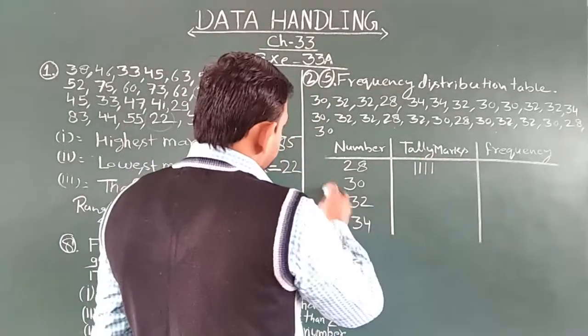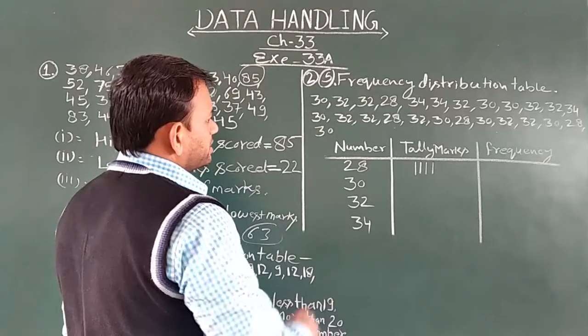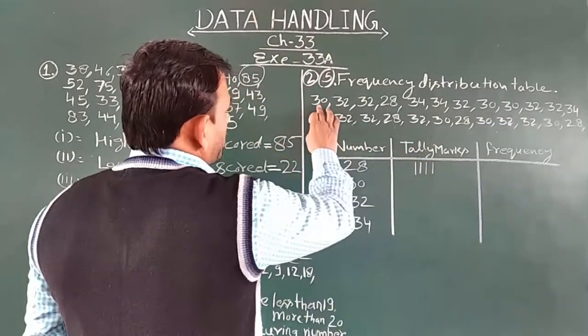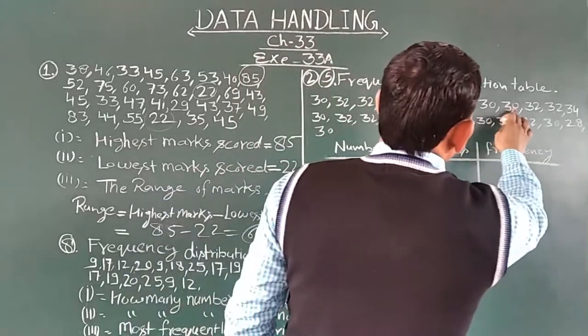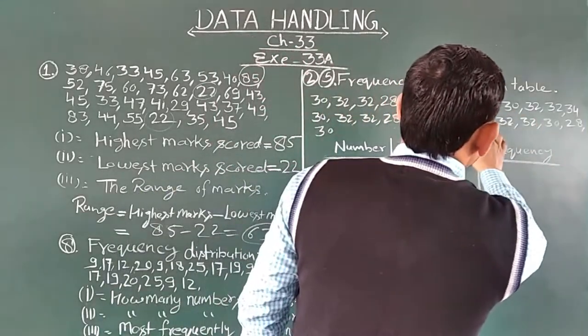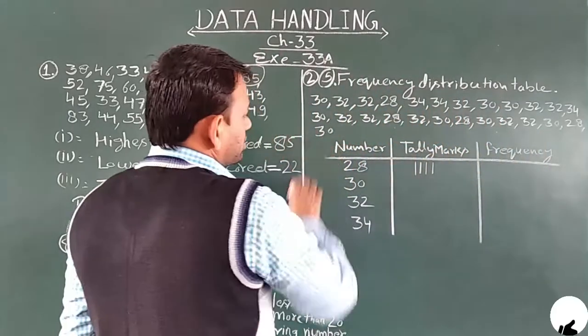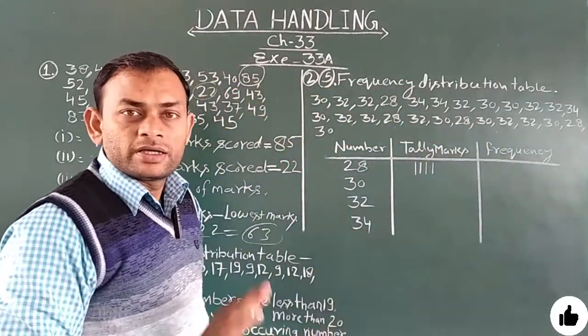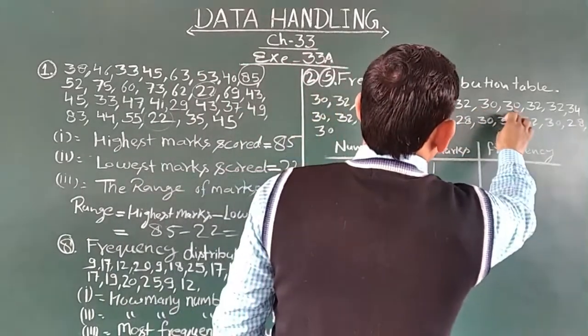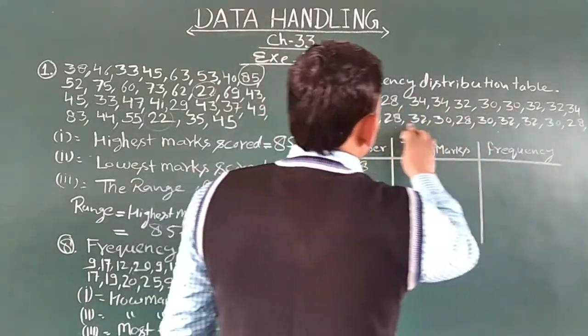Got it? Now 30. How many times has 30 come in all the data? 1, 2, 3, 4, 5, 6, 7 and 8. So we will draw 8 lines: 1, 2, 3, 4.